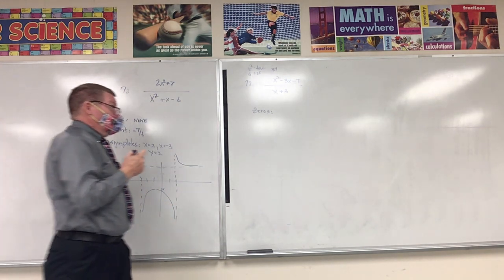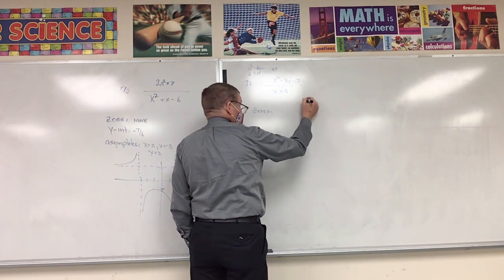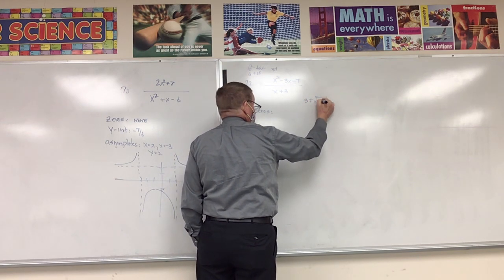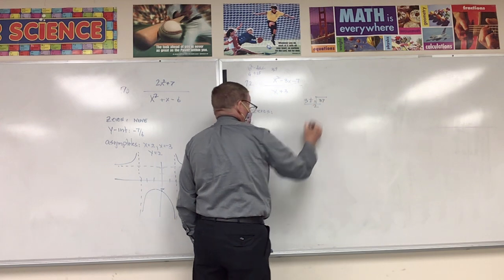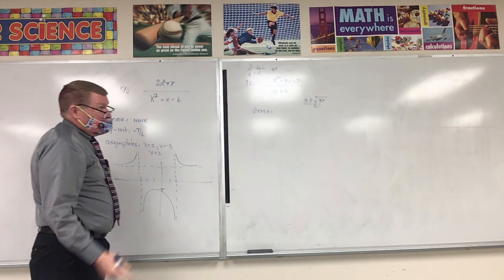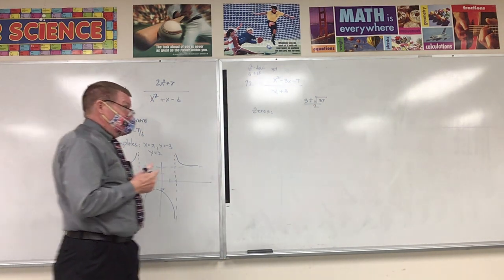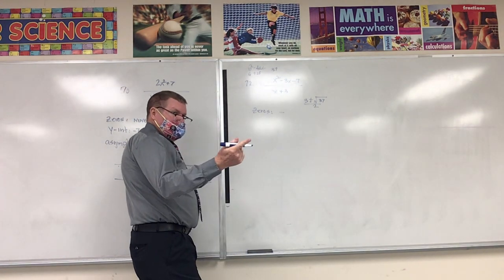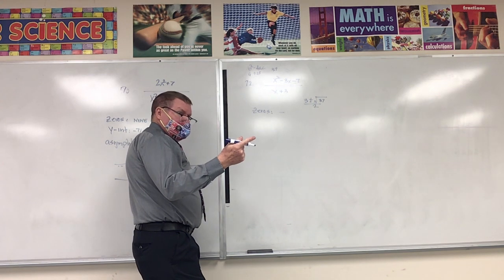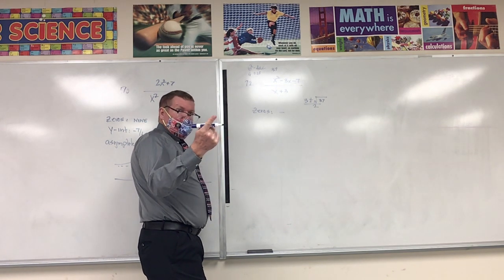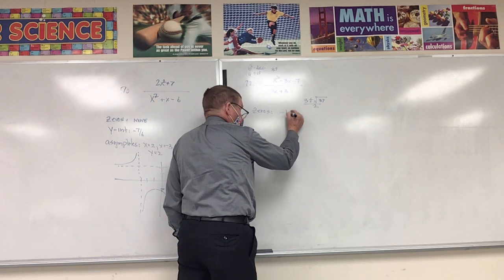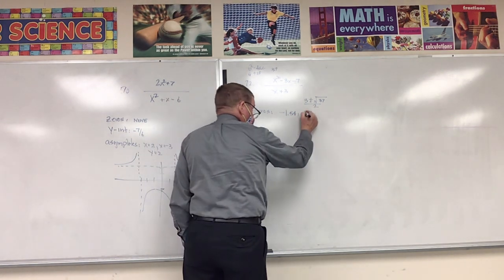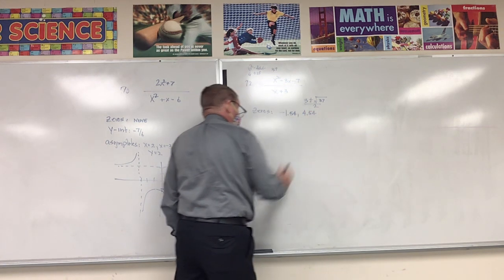So we use our quadratic formula to find our zeros. So that's going to be 3 plus or minus square root of 37 over 2. And I believe if we calculate that out, that's going to be somewhere around negative 1.54 and plus 4.54. Alright, so there's my zeros.